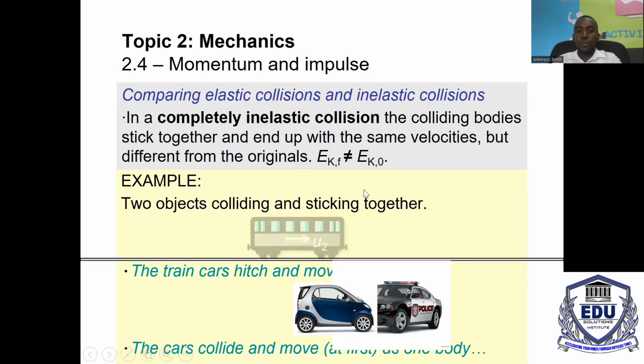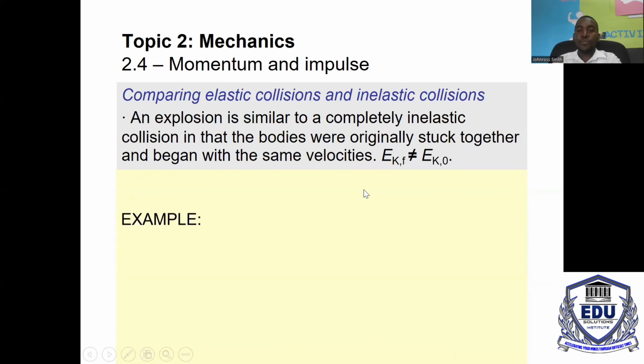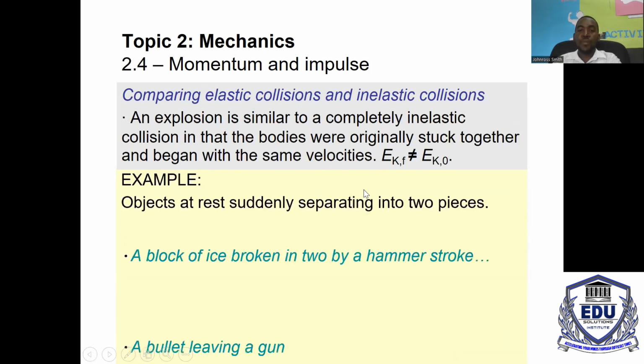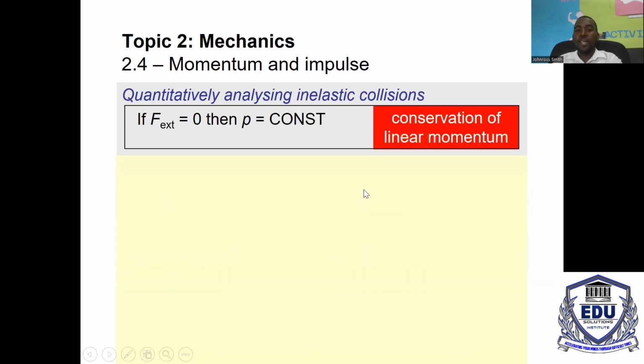Right? So those are the bases on which we differentiate between the two types of collision, either elastic or inelastic. In review, momentum is conserved in both elastic and inelastic collisions, but kinetic energy is only conserved in the elastic collision and not in the inelastic collision.